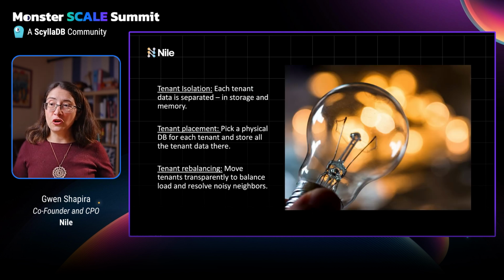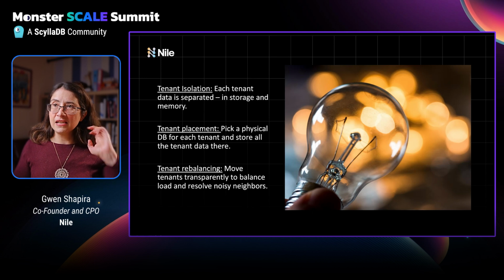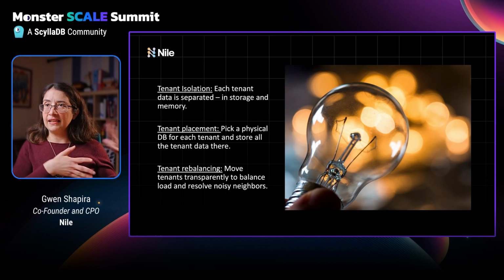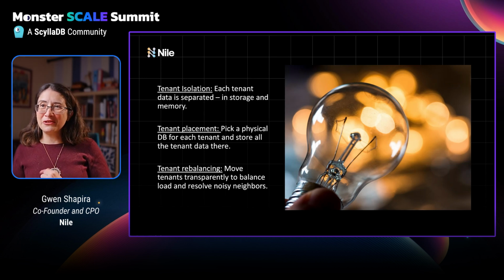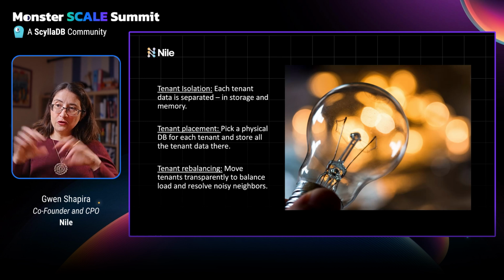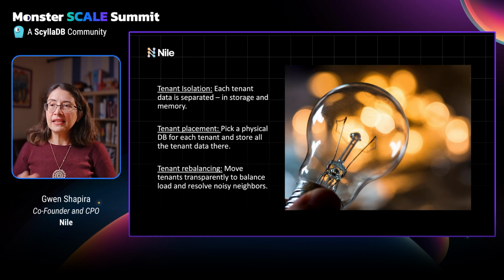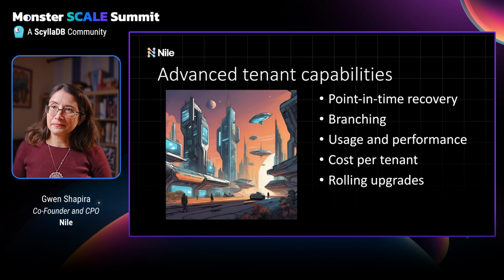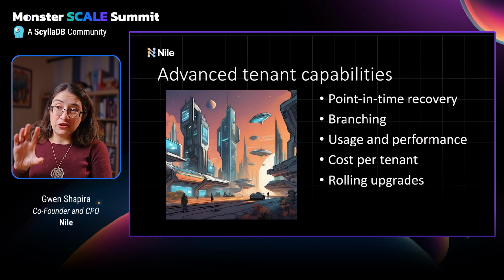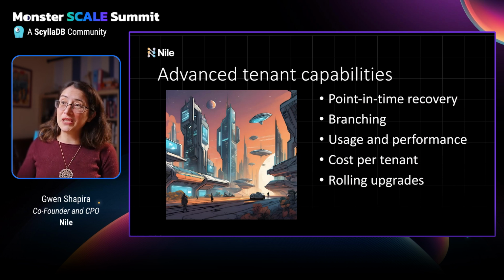Cool. So we've shown you how our architecture provides tenant isolation. The tenant data is separated in storage and in memory. We give you elastic tenant placement, and we can even move tenants around to resolve performance issues and balance load. This architecture also gives a lot of other non-performance related capabilities.